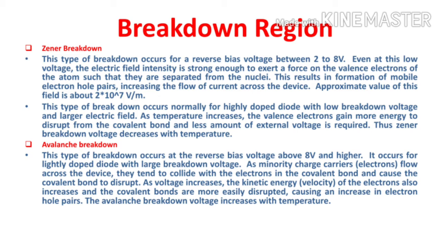So likewise 2 to 4, 4 to 8. This happens when the voltage is higher, that is above 8 volts. So this is one of the reasons why we have a drastic increase in current when breakdown occurs.